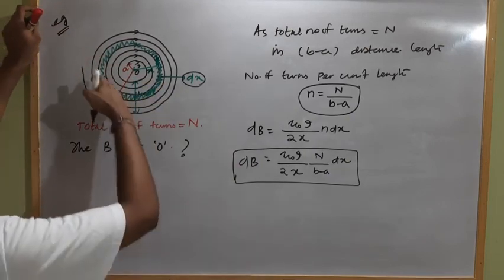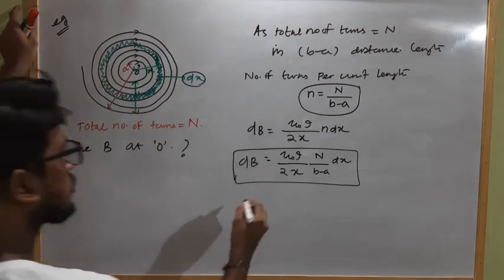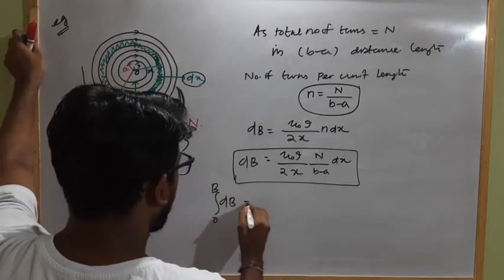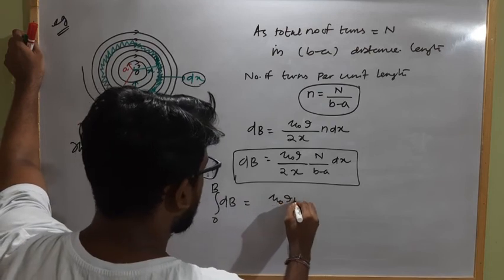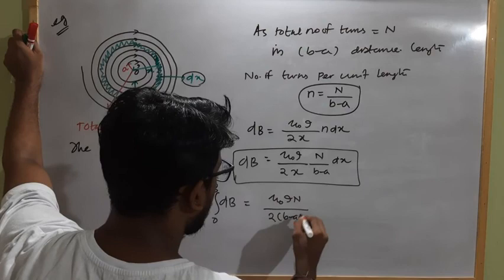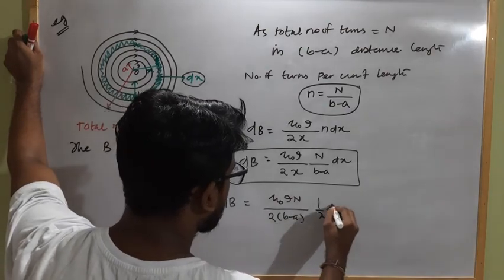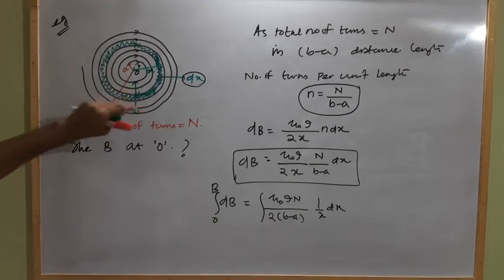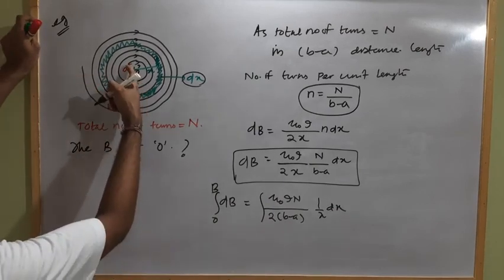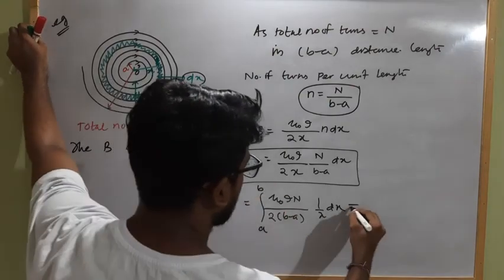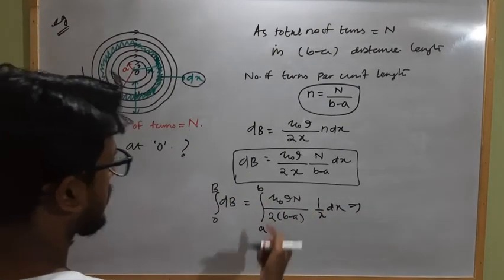Now we have to calculate due to this complete system. So by integrating this dB, we will get mu naught N I divided by 2 into B minus A, times 1 by x dx, integration x varies from A to B. This complete term is constant.